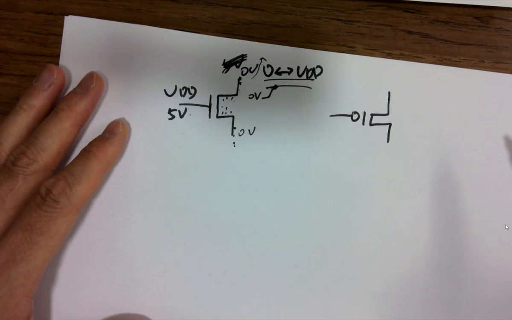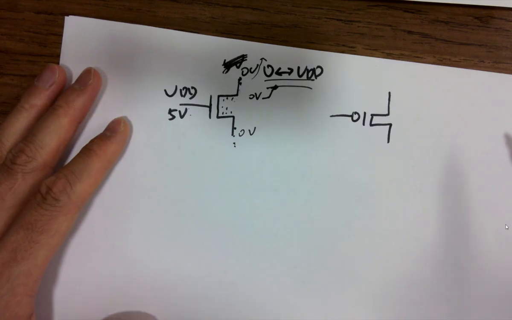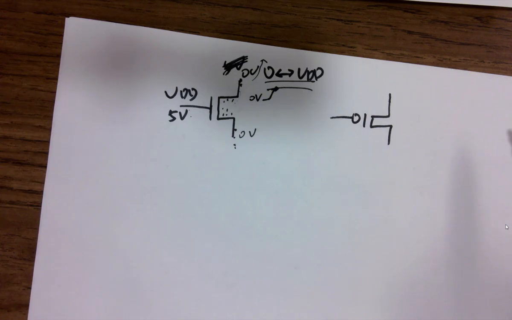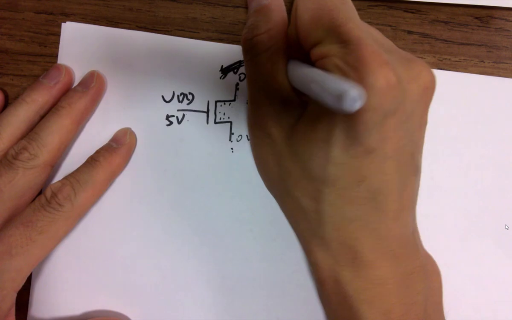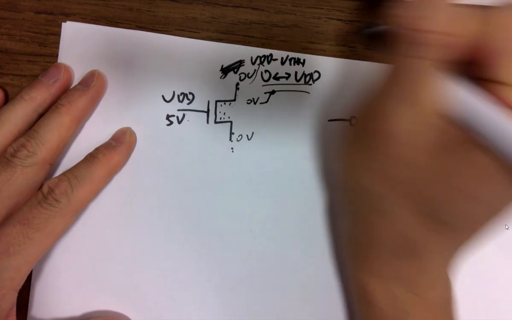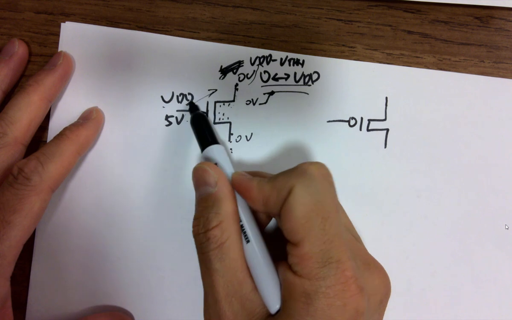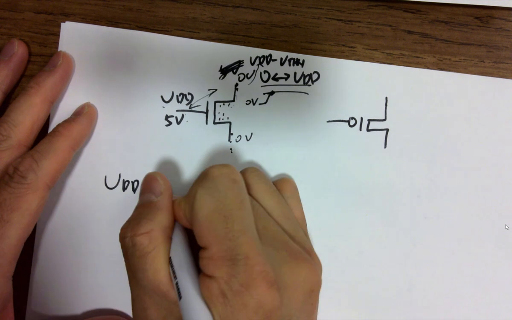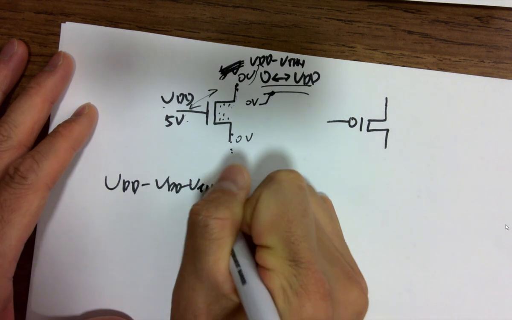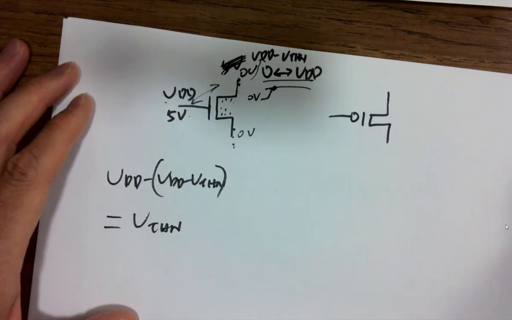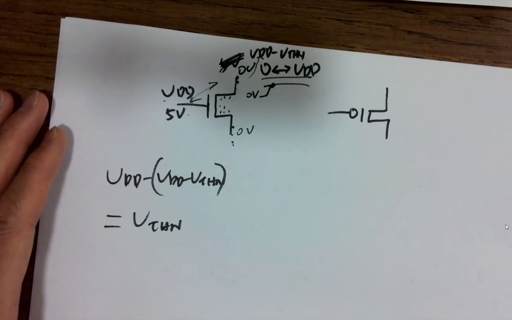Until 5 volts? It's too late. It's 4.2, right? It's going to be VDD minus VTHN. Because if you have VDD minus VTHN, your VGS becomes VDD minus VTHN, and this is exactly VTHN, right? So that's the threshold voltage that has to be satisfied in order to keep it on.